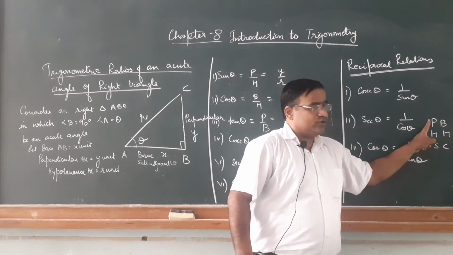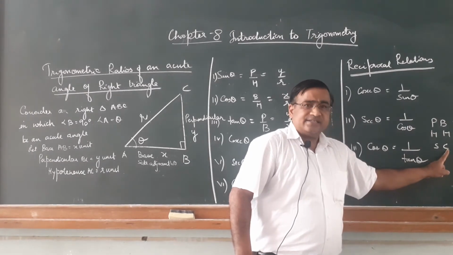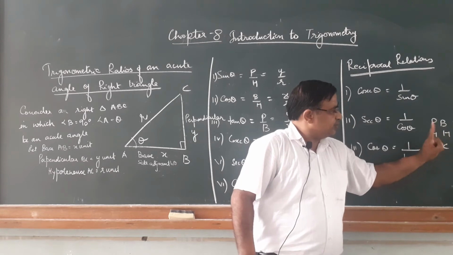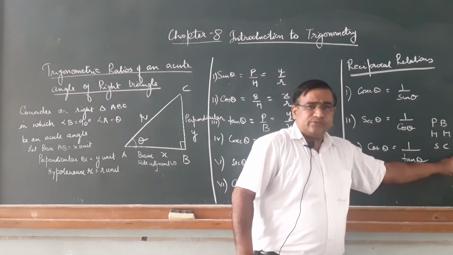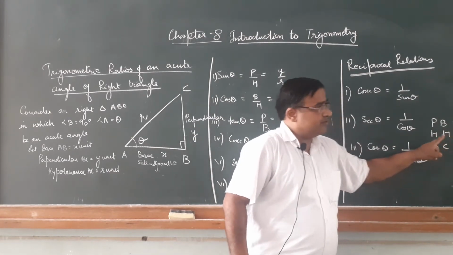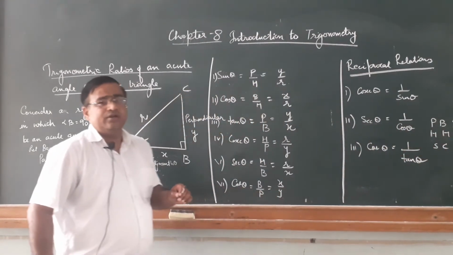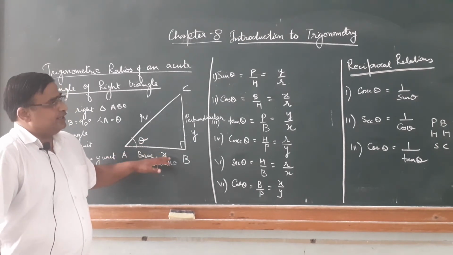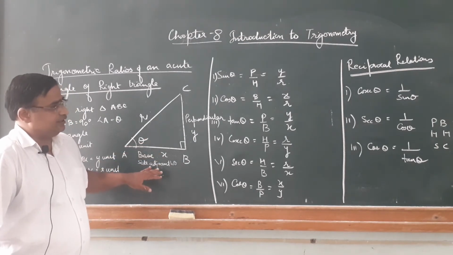Sin theta is equal to P upon H. C stands for cos theta. Cos theta is equal to base upon hypotenuse. T stands for tan theta. Tan theta is equal to perpendicular upon base. In this way you can learn these trigonometric ratios.